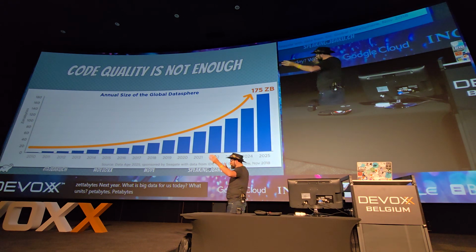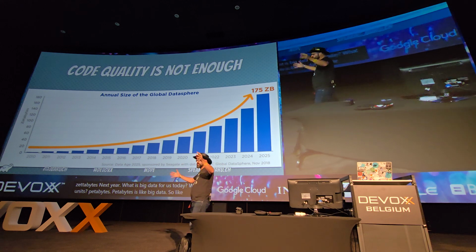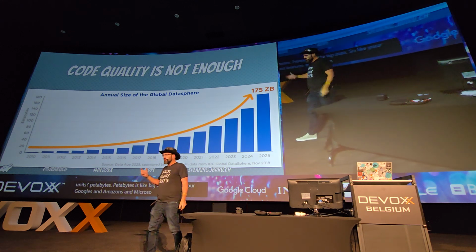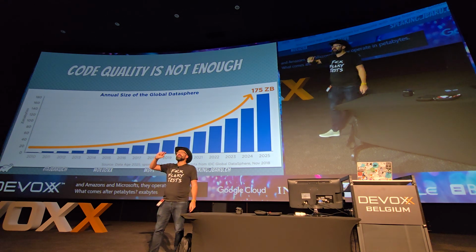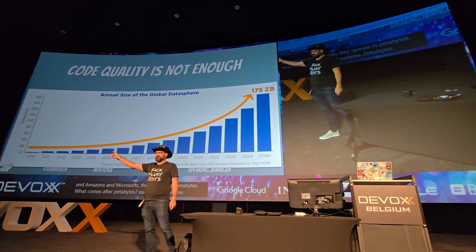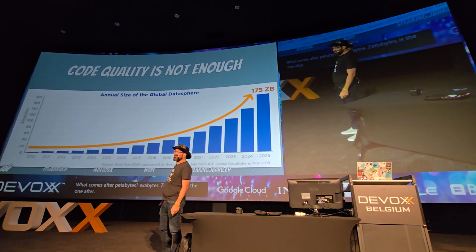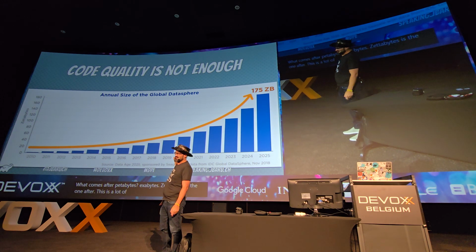So your Googles and Amazons and Microsofts, they operate in petabytes. What comes after petabytes? Exabytes. Zettabytes is the one after. This is a lot of data, like a lot.